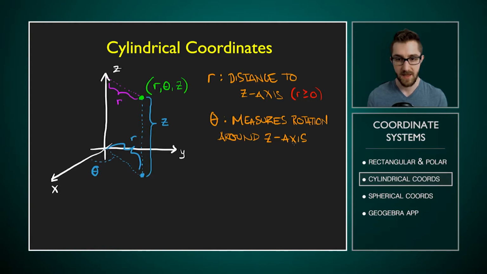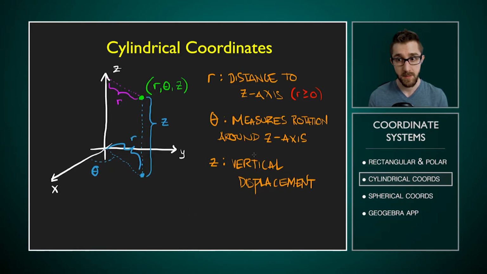So I like to say it like that. You might want to come up with your own description. If you liked thinking of it as an angle with a half plane here, that's completely fine. And the last thing is z. Well, z we're already familiar with from rectangular coordinates. This is essentially vertical displacement, measuring how far above the xy plane the point is. Above or below, right? If it's below the xy plane, then z is negative.